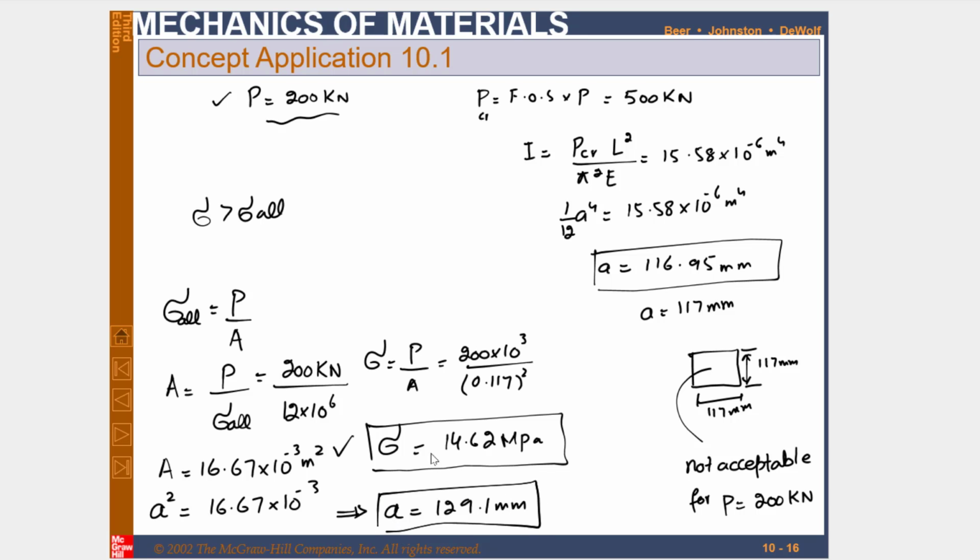So a square cross section of dimensions 129.1 millimeter multiplied by 129.1 millimeter is acceptable for the load of P equal to 200 kilonewton and allowable stress equal to 12 megapascal. I hope it is clear to you now.